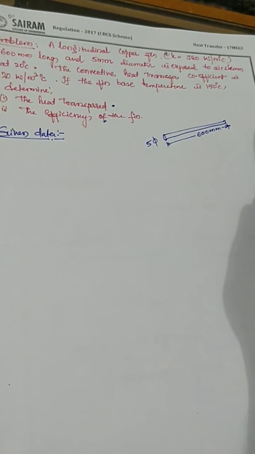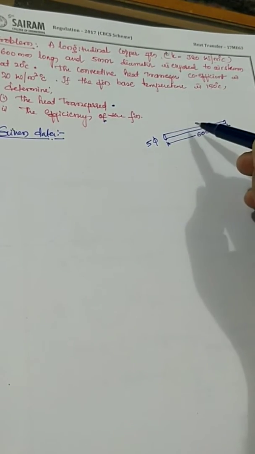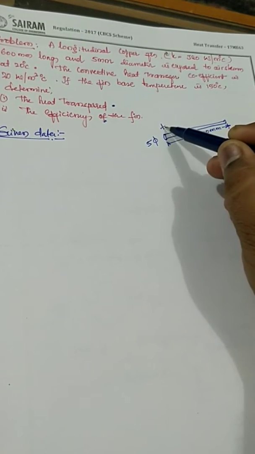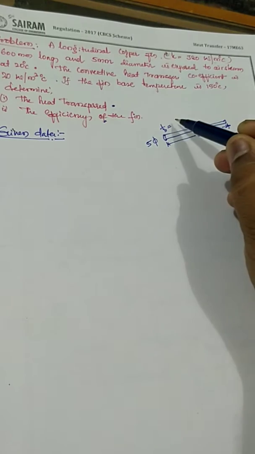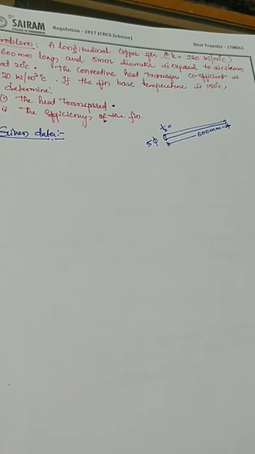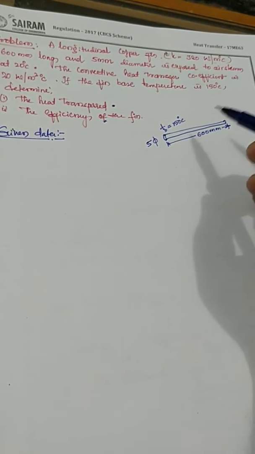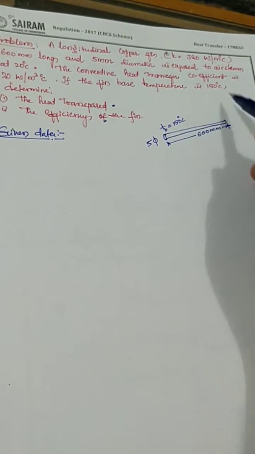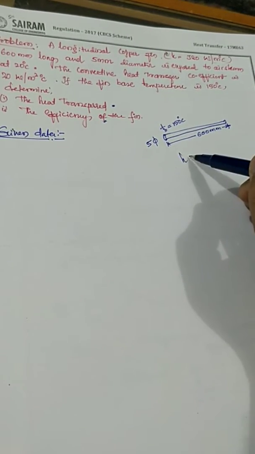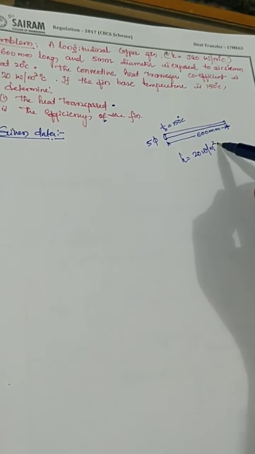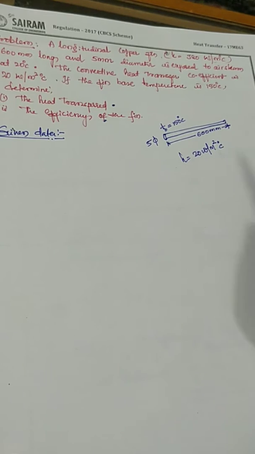The base temperature T B is given, that is 150 degrees centigrade, and the heat transfer coefficient of the air is given already, 20 watt per meter square degree centigrade. So now we have to calculate the heat transfer and efficiency of the fin.